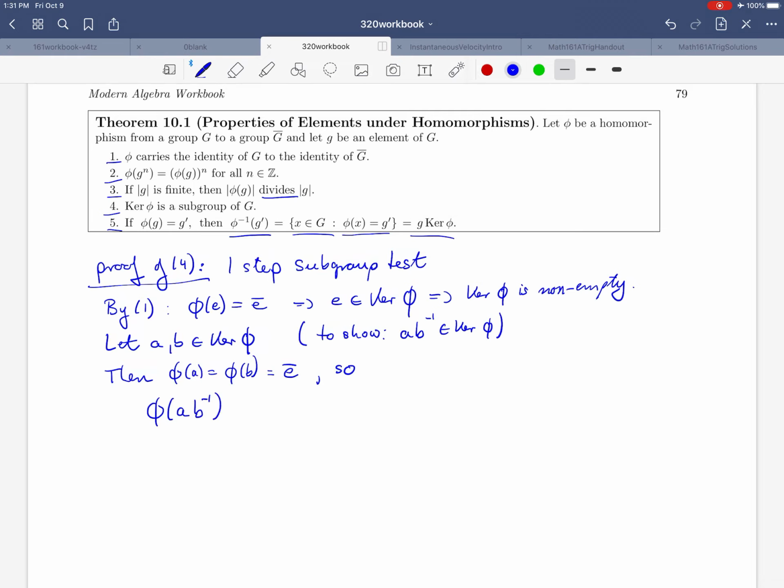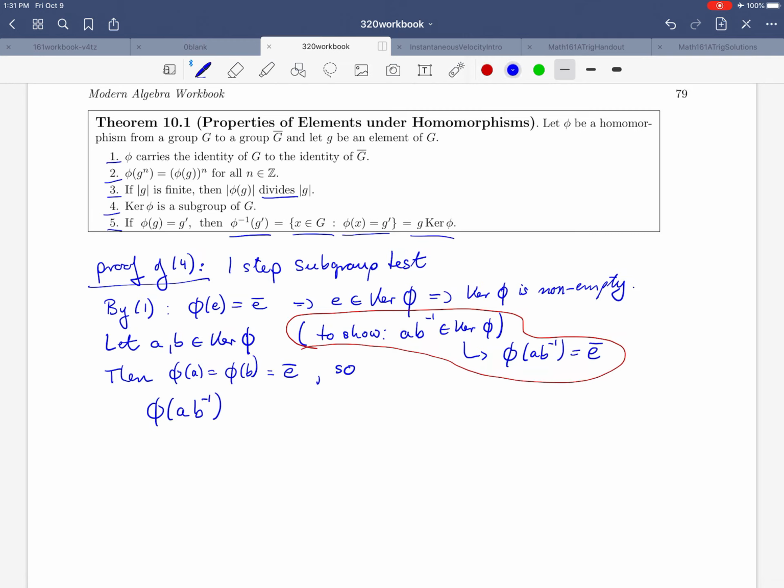We want to show that a b inverse is in the kernel, and so we have to show that phi of a b inverse is equal to the identity in G bar as well. So this is the to-show part.